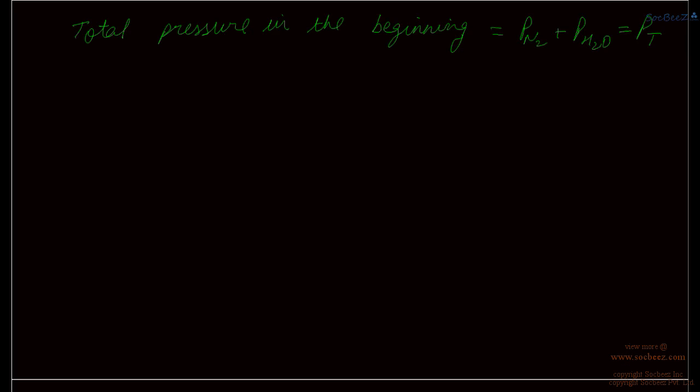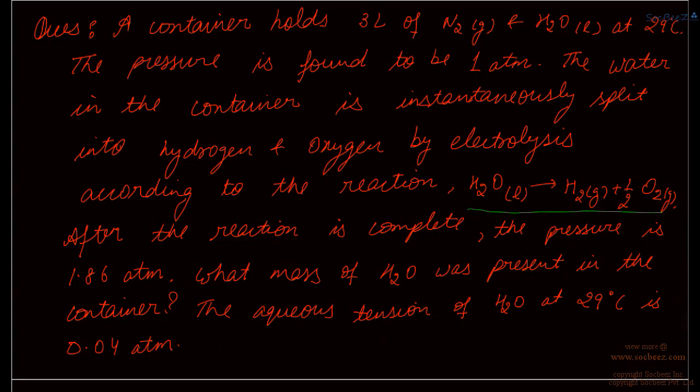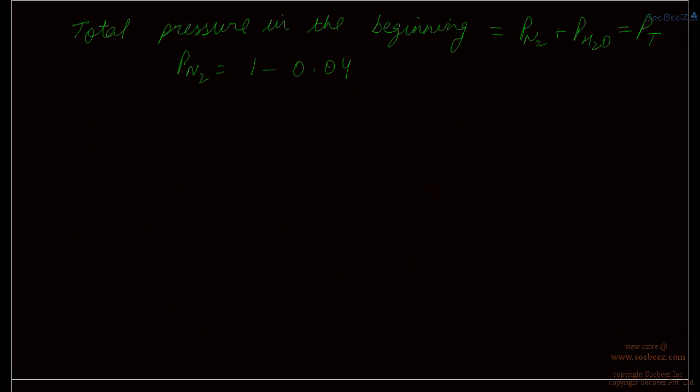So the total pressure is 1 atm and hence pressure of N2 equals 1 minus 0.04. Since the aqueous tension of H2O is 0.04 atm, the pressure exerted by H2O is 0.04 atm and total pressure is 1 atm. And hence pressure exerted by N2 is 0.96 atm.